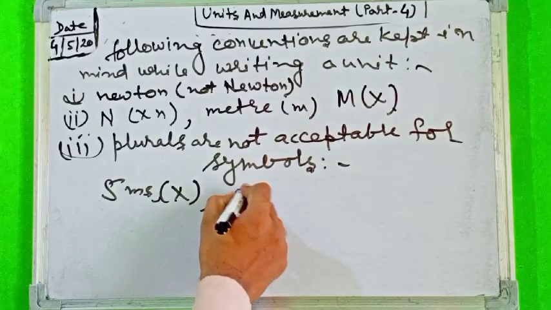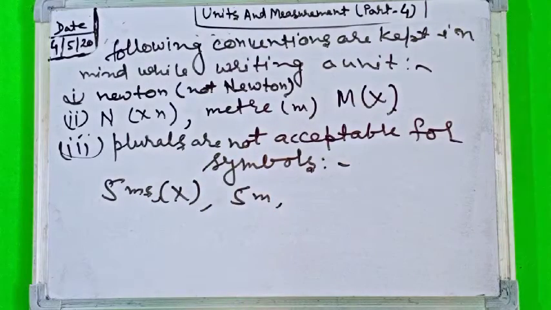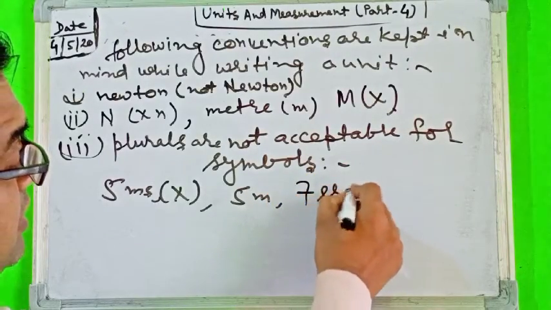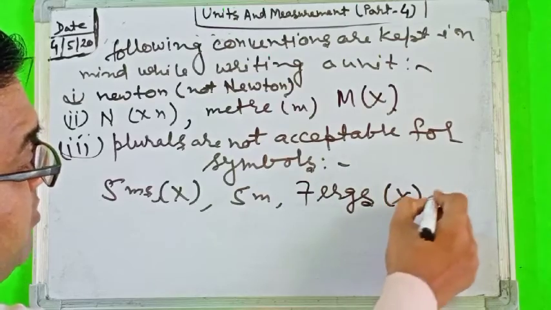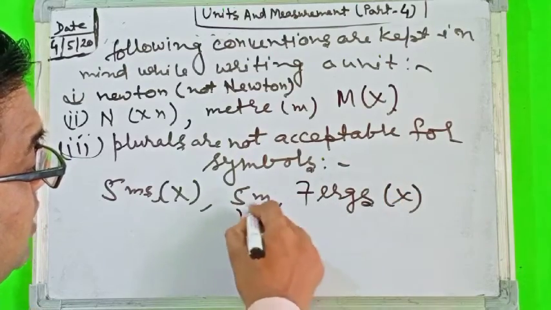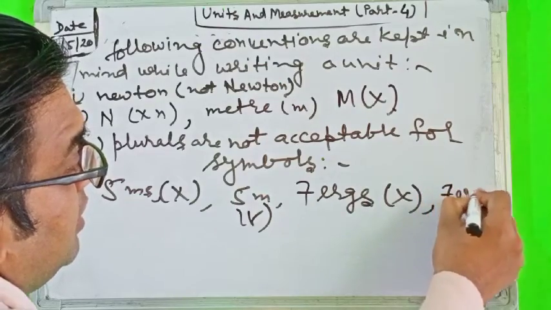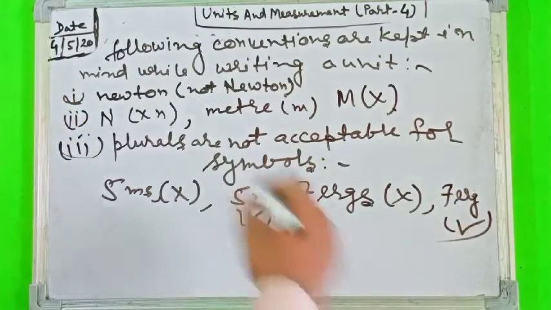You can write only 5 m. You can't write 7 arcs. You have to write 7 arc. This is the correct way.